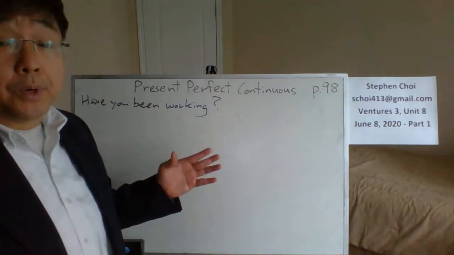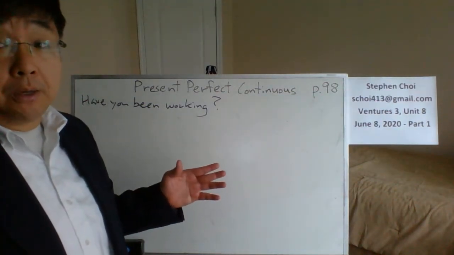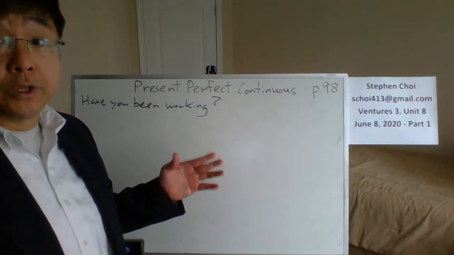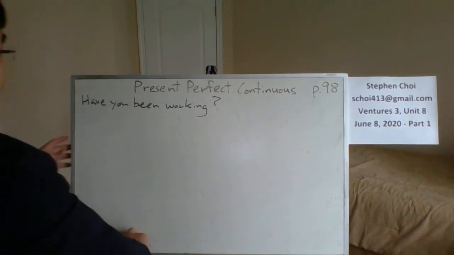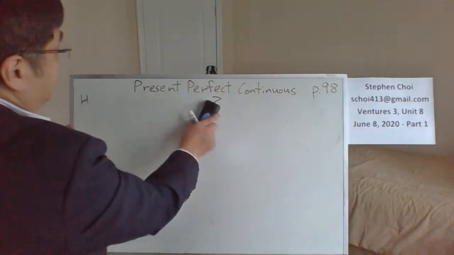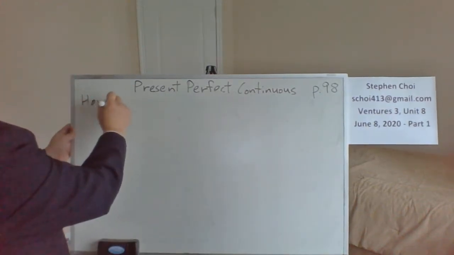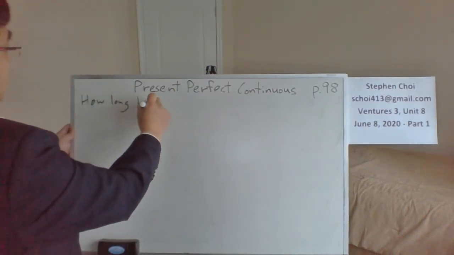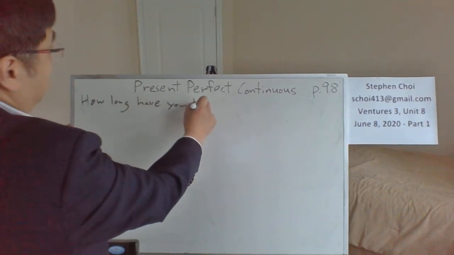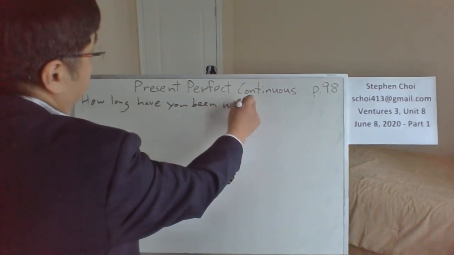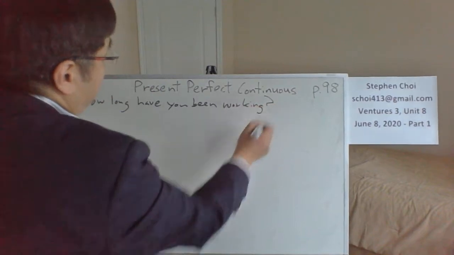But in order to answer with for and since, the question has to change, right? Question has to change to how long, right? You say, how long have you been working? Okay. All right.